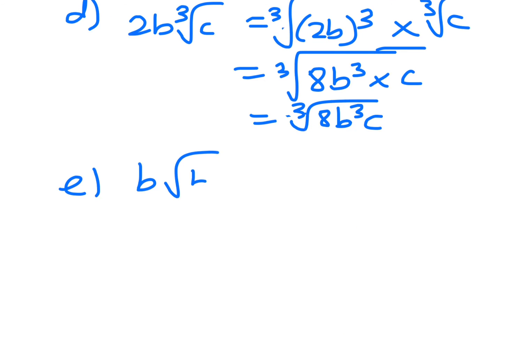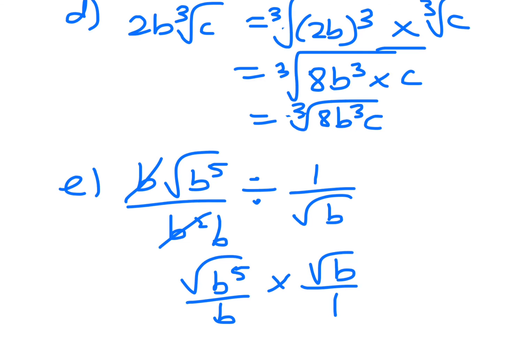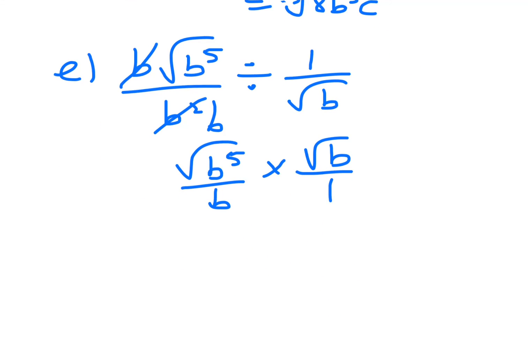Okay, so e, b5 on b squared divided by 1 on root b. And we want to get it all as one root. So let's just simplify that first. B goes with b, and this is b5 on b times root b on 1. So b5 times root b, you add the indices, so that's 6.